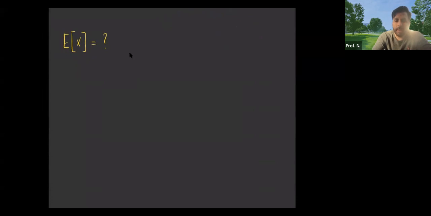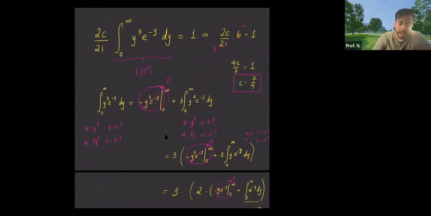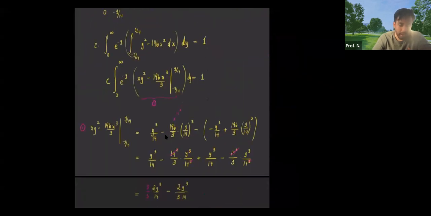How would we find the expected value of X only when we have a joint distribution of X and Y?